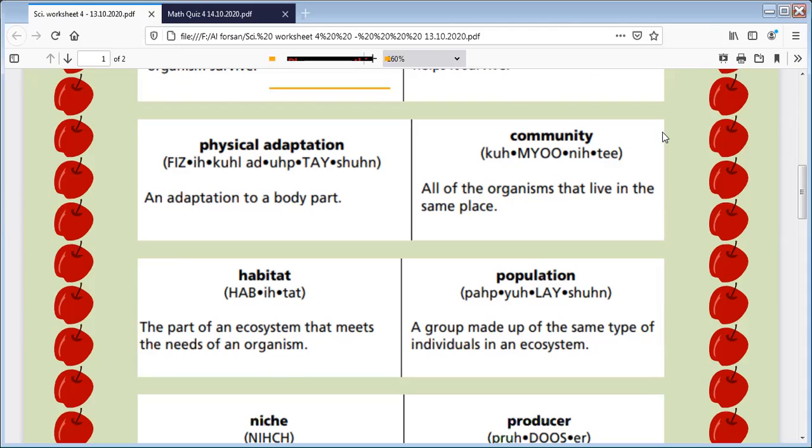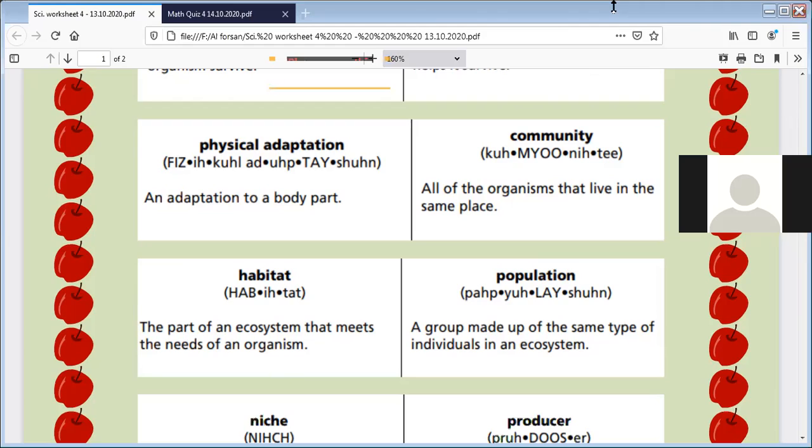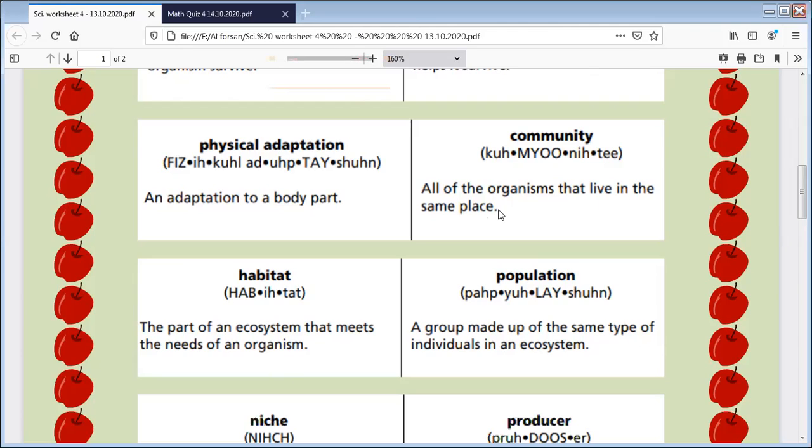Abdullah, what is community? And explain it. Community is all of the organisms that live in the same place. Give me an example for one environment and one community.